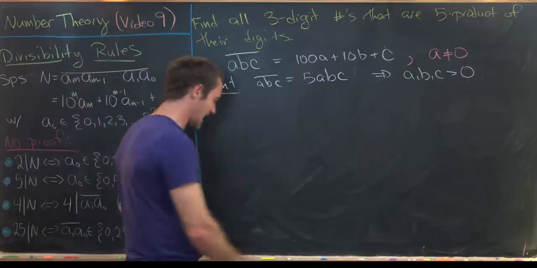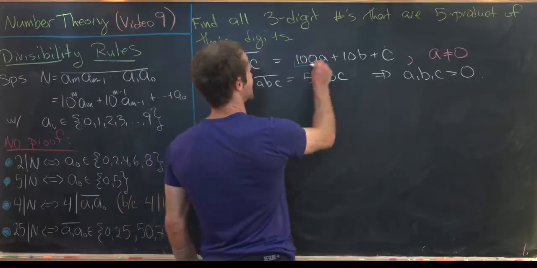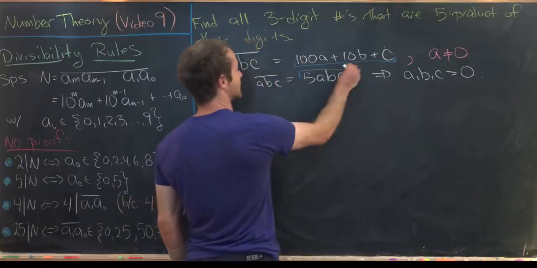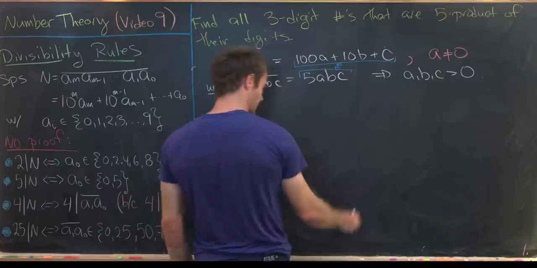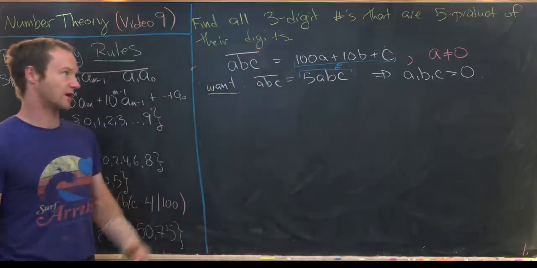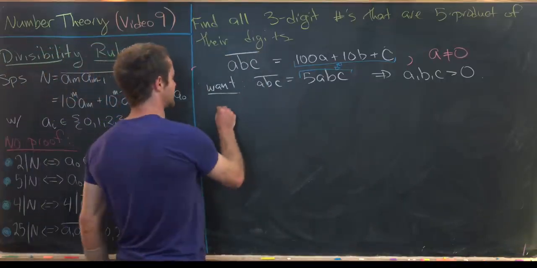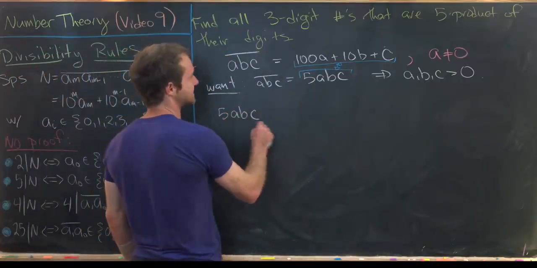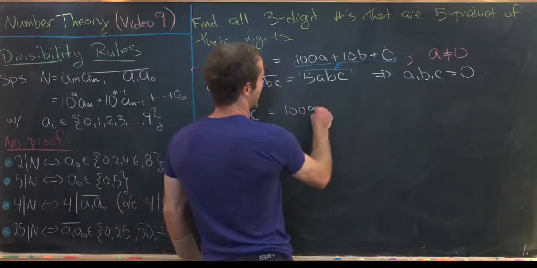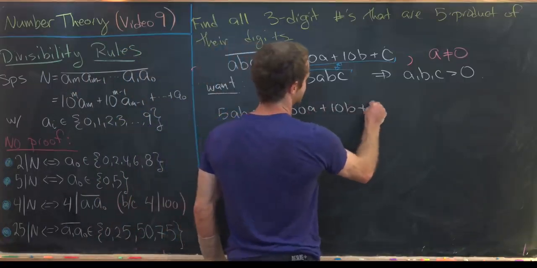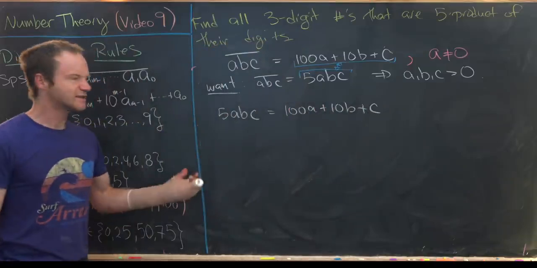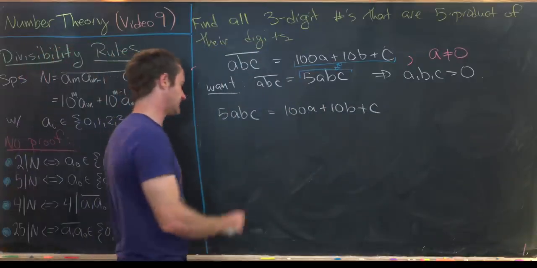Okay, so now let's take this base 10 expansion of ABC overline, and this rule that it has to be equal to 5 times the product of the digits, and see what we can get out of that. So we have 5ABC equals 100A plus 10B plus C. Now let's reduce this thing mod 5.